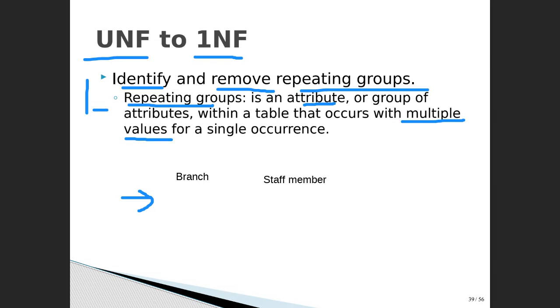In each branch, for example, I have branch number 001, which will include, for example, Ahmed, Amal, Ali, Nada, and so on. So how many values here for only branch 001? Four different names. So that's the meaning of repeating group.